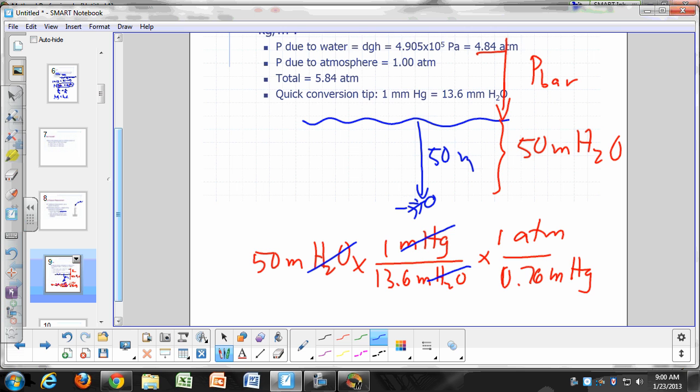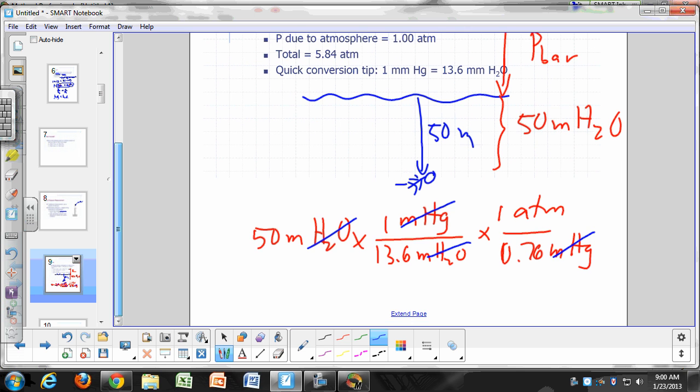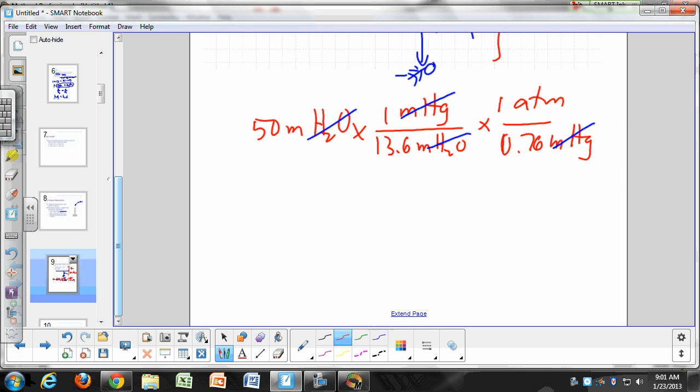So that gets rid of meters of mercury. If you did that calculation, what would that give you? 50 divided by 13.6 divided by 0.76. 4.84 atmospheres.